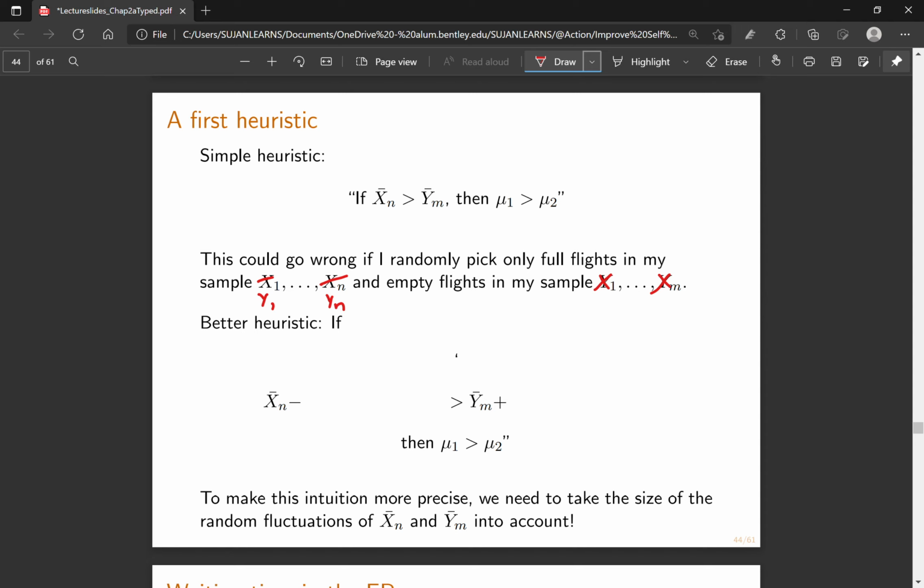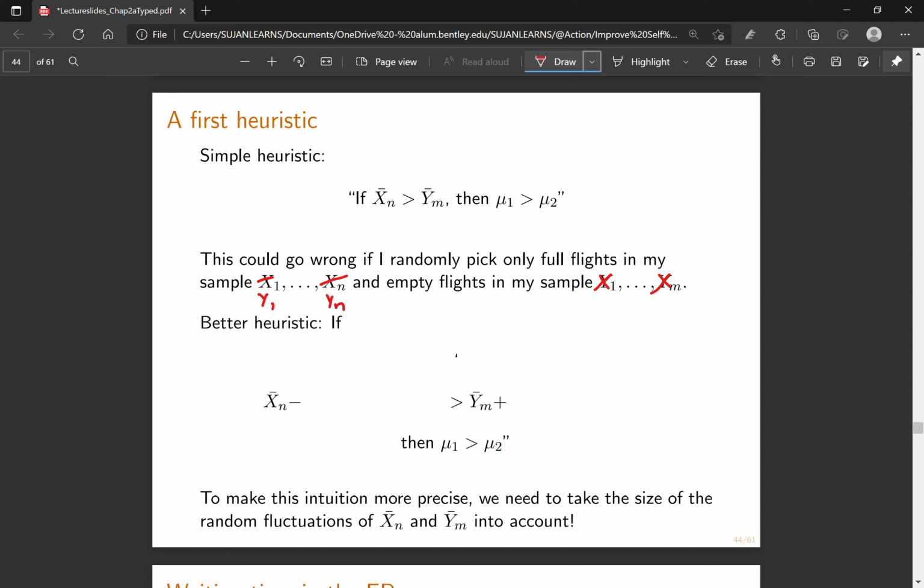What can go wrong here? There are a few things that can go wrong. Let's say when we are taking the sample of x, we simply took the flights which were empty or had very few passengers. On the other hand, when we took the sample of the y population, we took full flights.